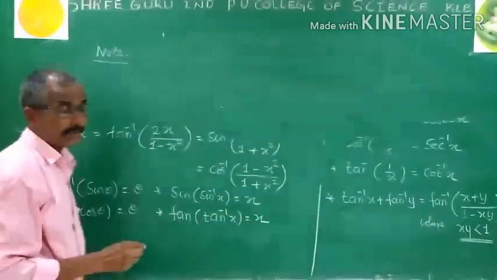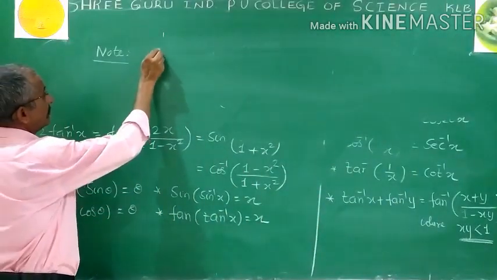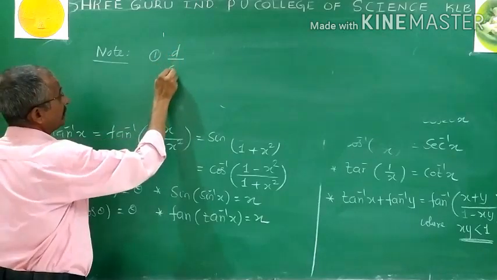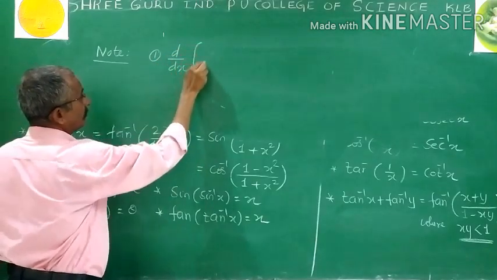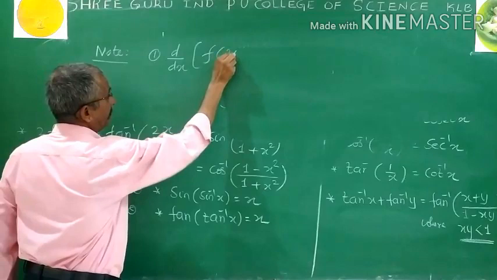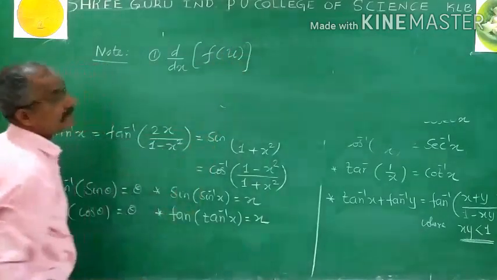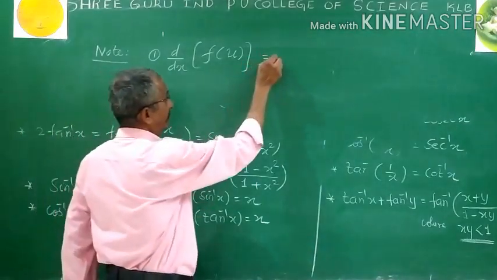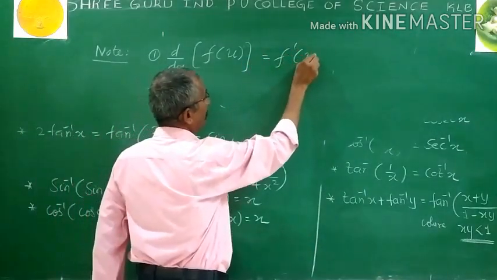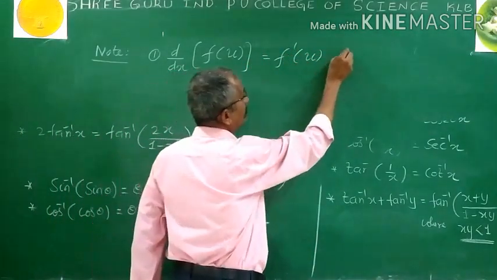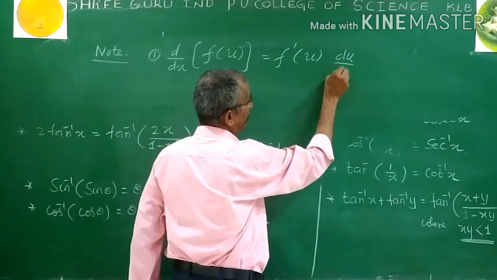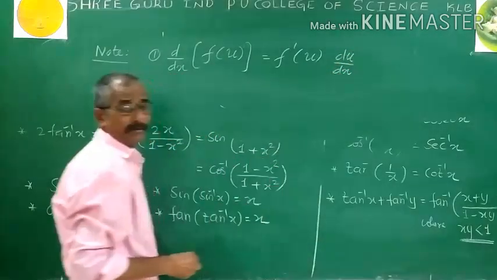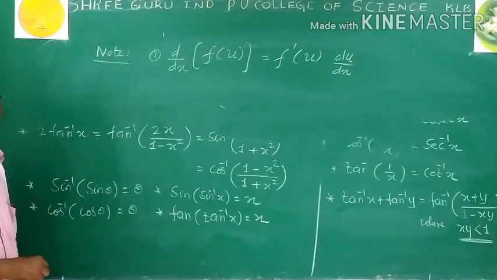Whenever u is a function of x, we know that d by dx of f of u, the derivative of f of u, where u is some function of x, is defined by f dash of u, not only f dash of u, into du by dx. That's what the chain rule meant, which we saw in the last classes.